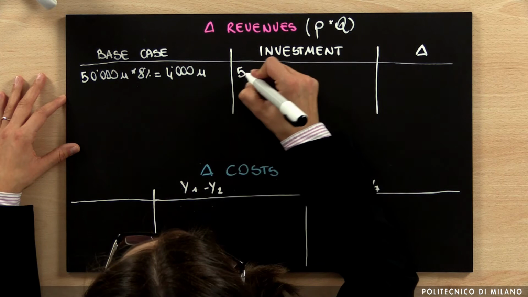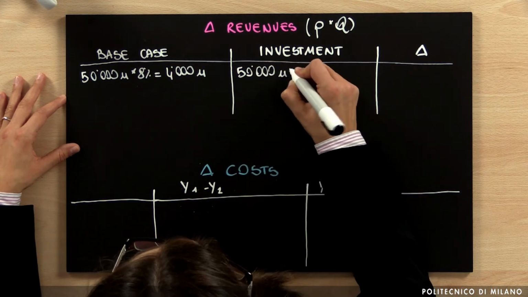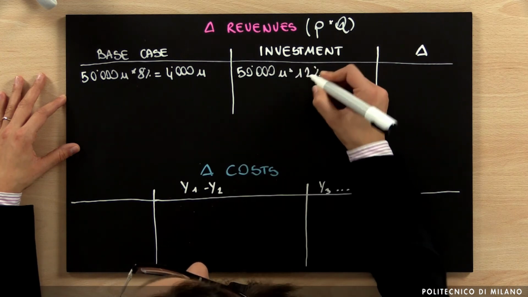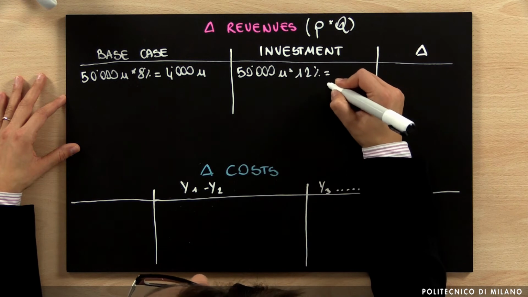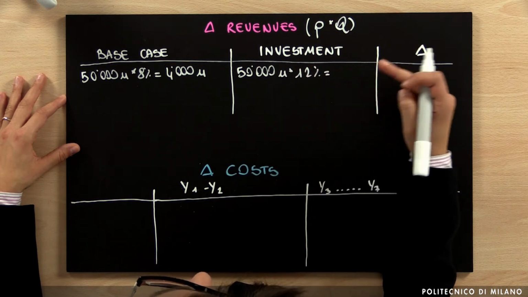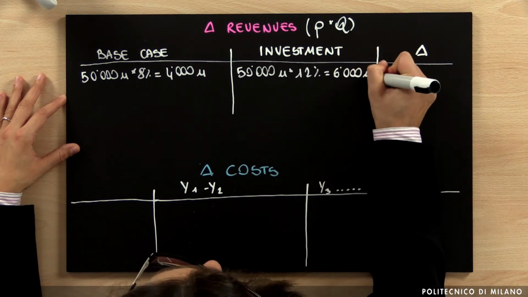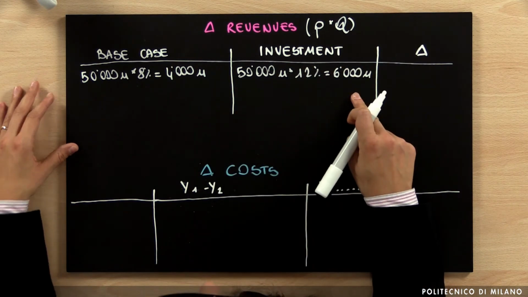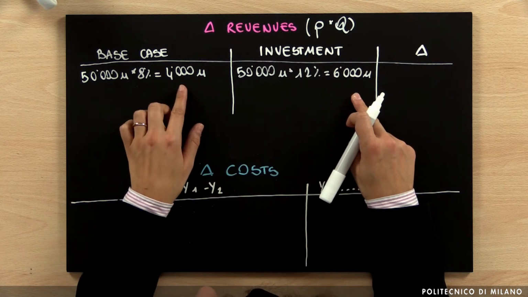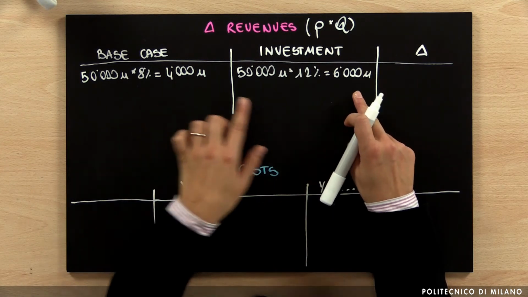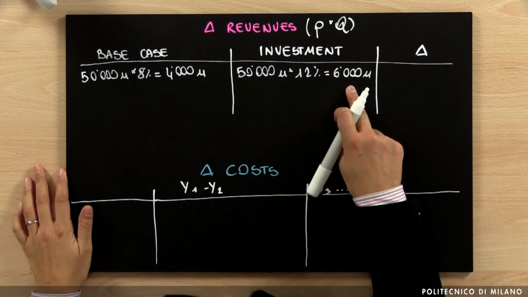If we multiply the overall market, which is 50,000 units, by 12%, we can identify the number of units that the company is able to sell when it decides to invest. So we have 6,000 units. As we can see, without the investment, the company is able to sell 4,000 units, while with the investment, the company can sell 6,000 units.